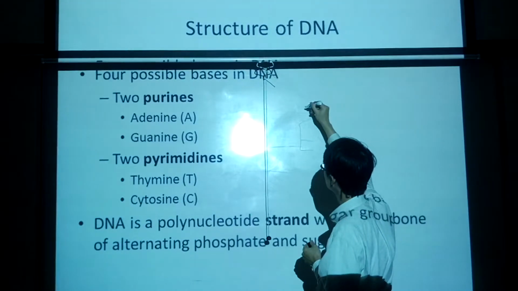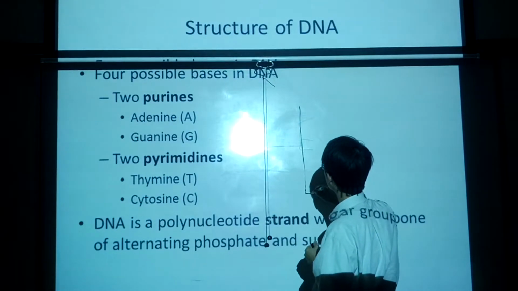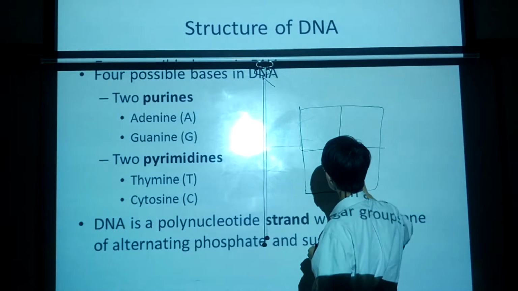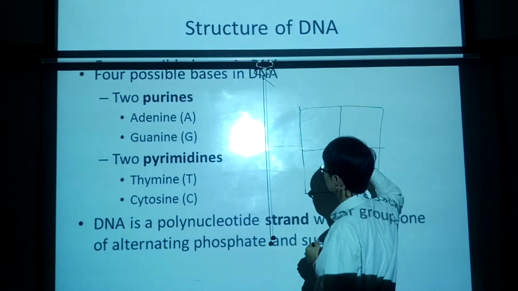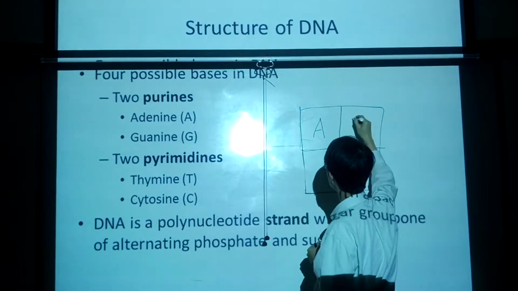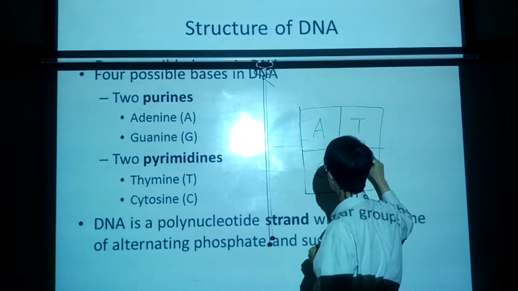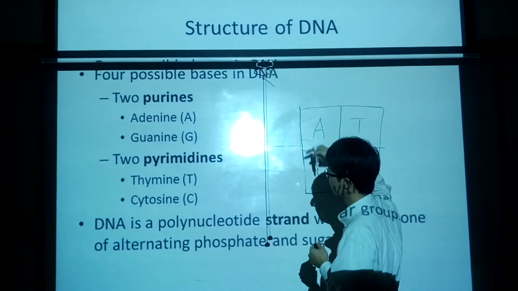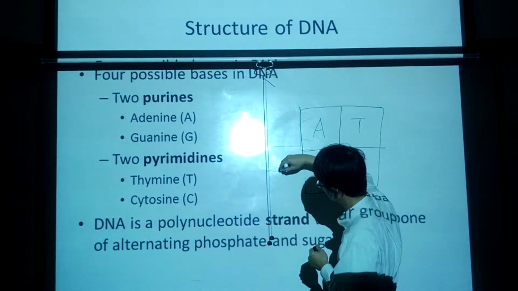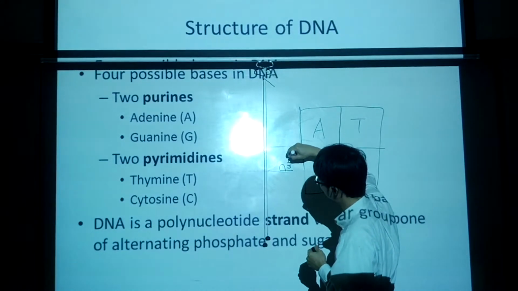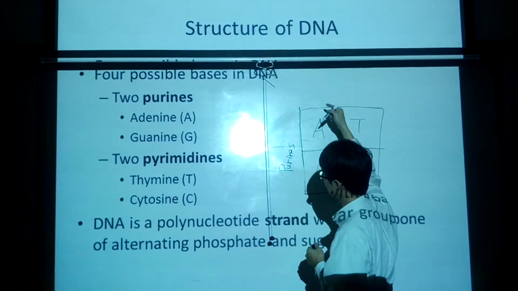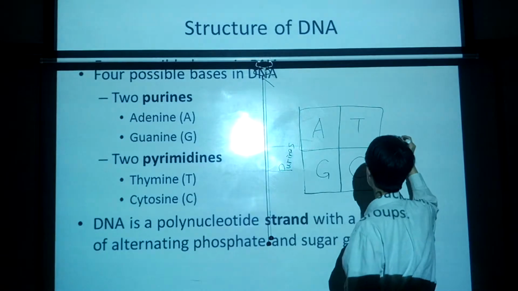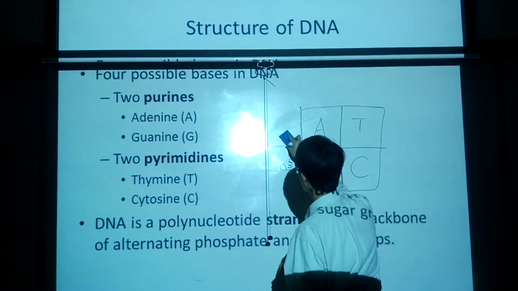Usually I would just tell students that A and G, they are purine, and then T and C, they are pyrimidine.